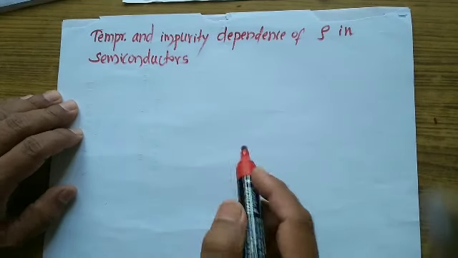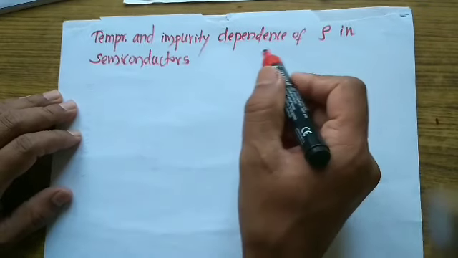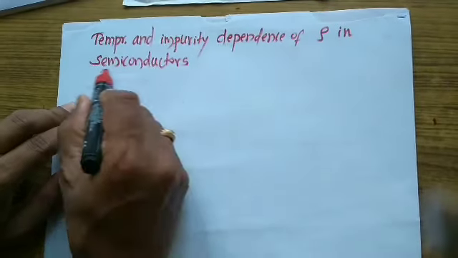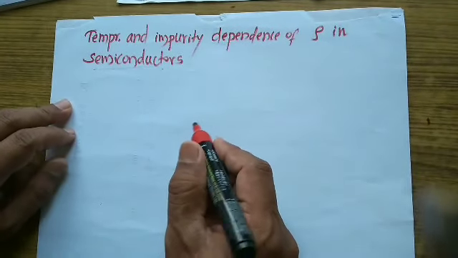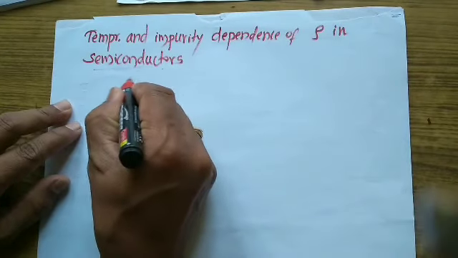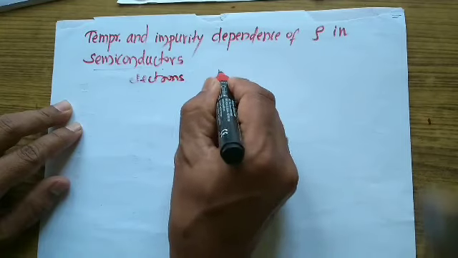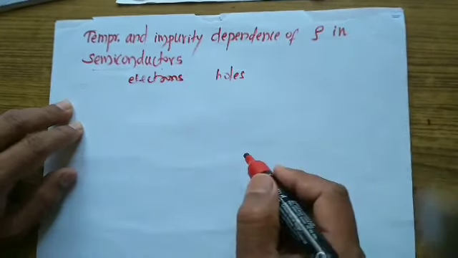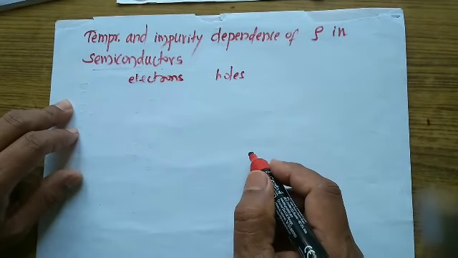Now I describe how temperature and impurity affect the electrical resistivity in a semiconductor. It was mentioned that the electrons and holes contribute to the electrical conductivity in a semiconductor.